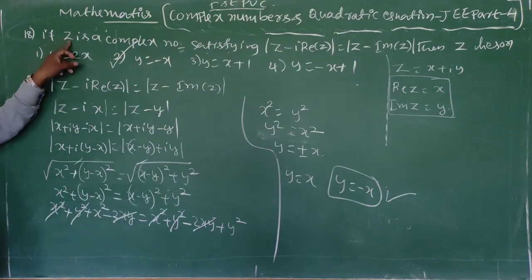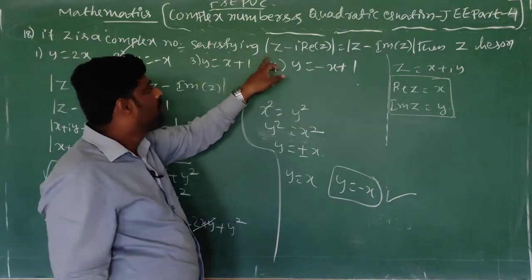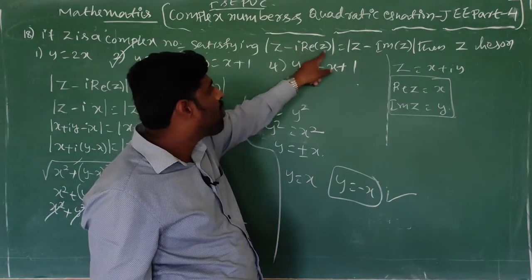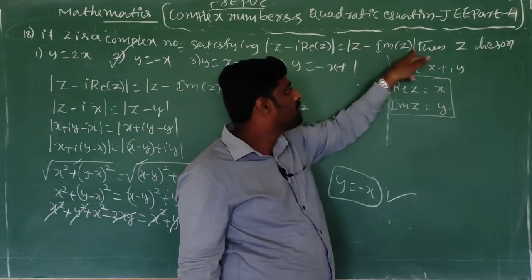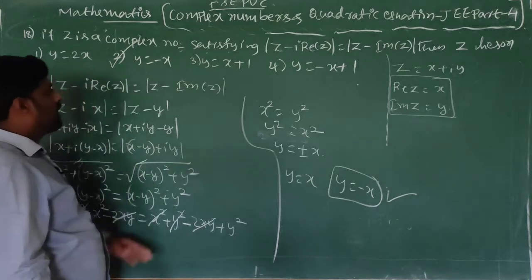If z is a complex number satisfying modulus of (z minus i into real part of z) equals z minus imaginary part of z, then z lies on. Okay, so take the question.